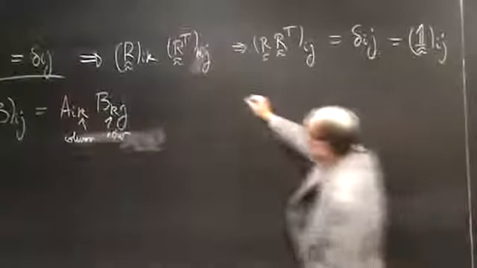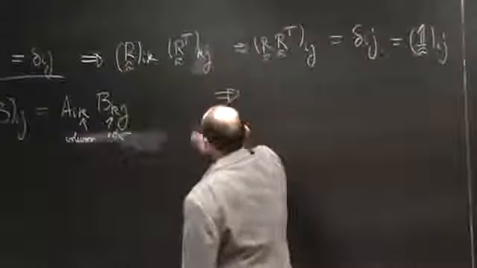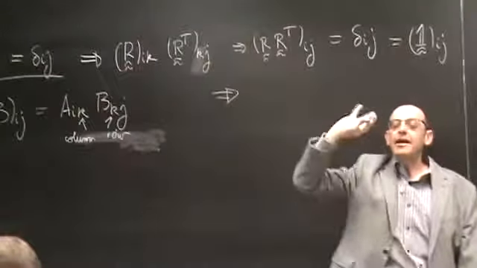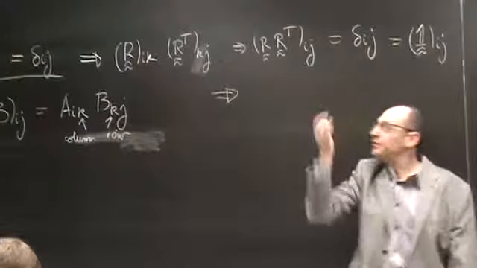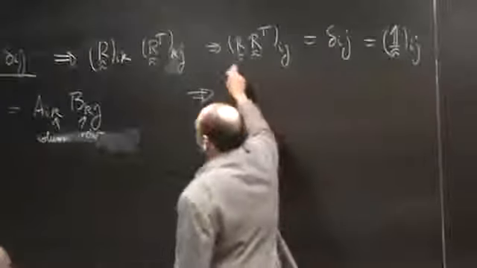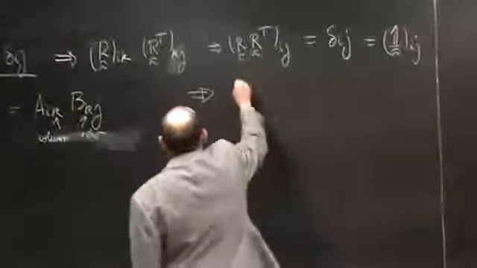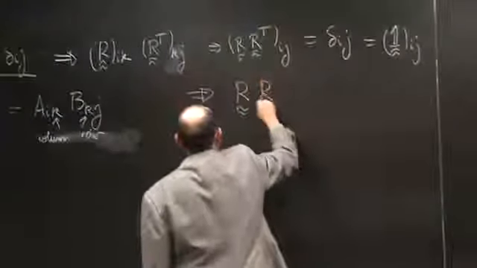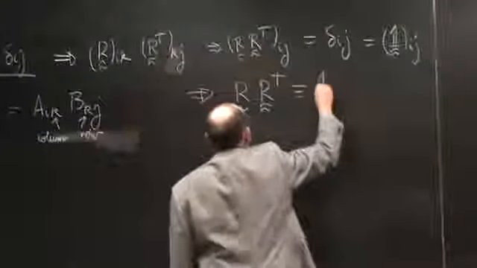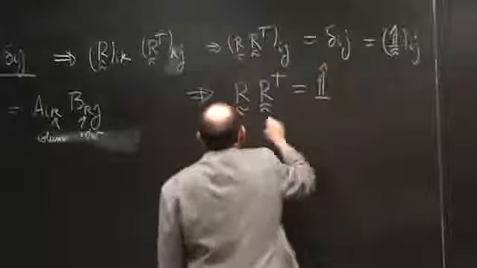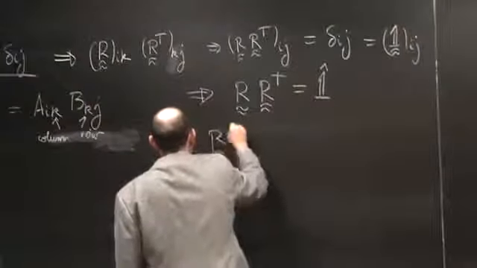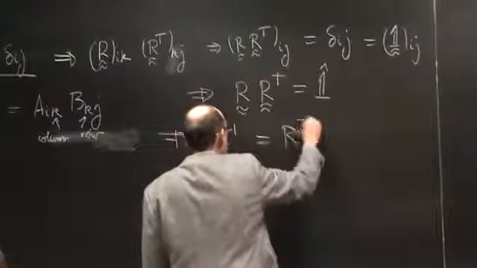And thus, what we remind ourselves is that a transformation on the space, a change of basis, which preserves the inner product, that transformation matrix R must satisfy R times R transpose is equal to the identity. Or equivalently, what this says is that the inverse transformation is equal to the transpose.